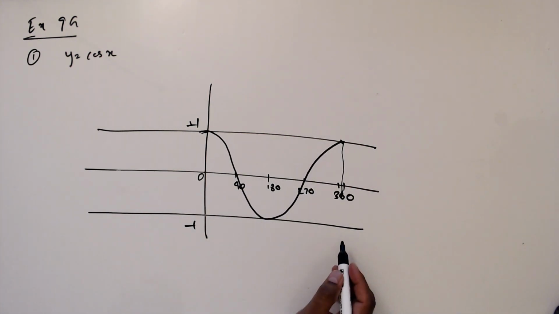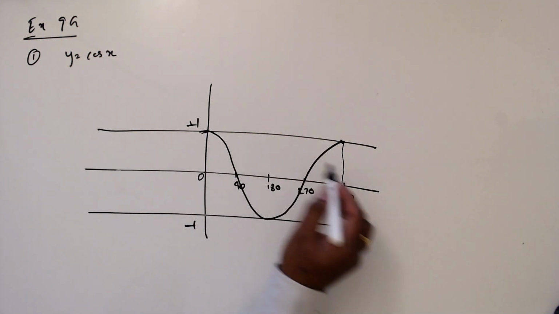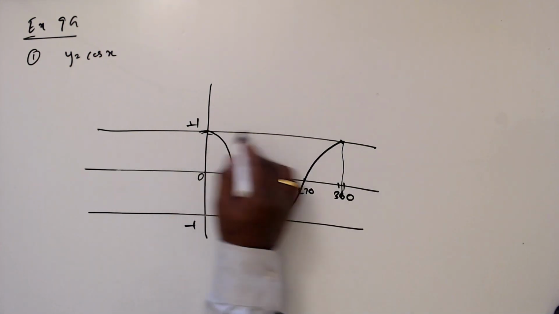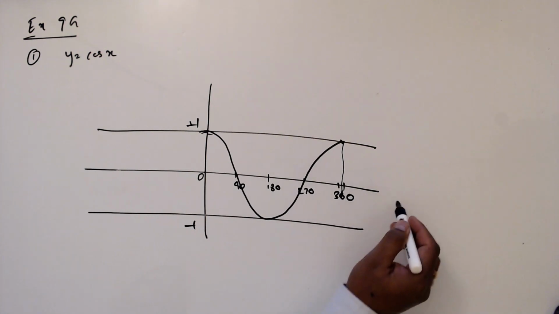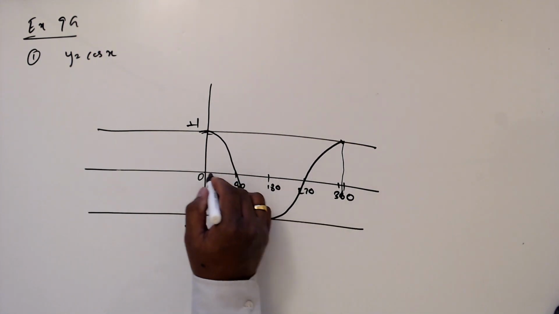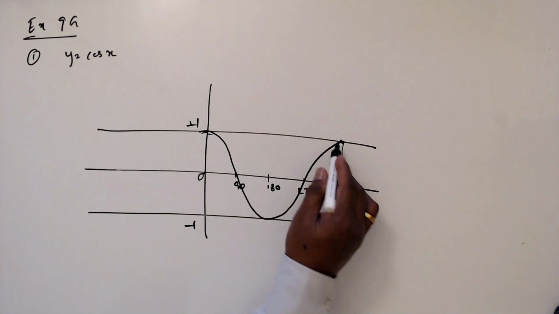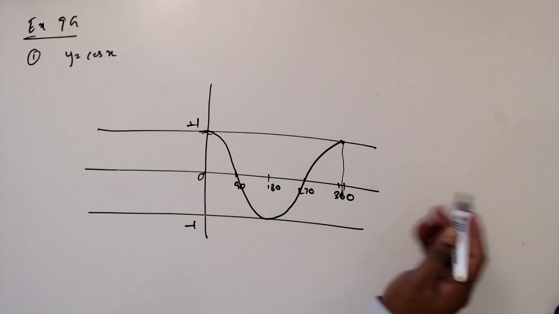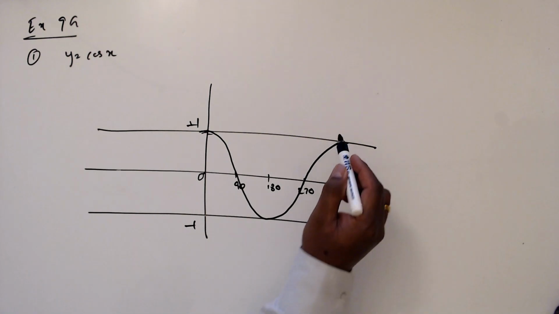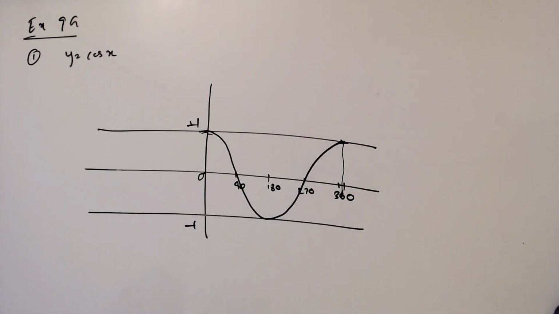So up to here we have an infinite number of maximum values, but it means 0 also gives a maximum, 360 also gives a maximum. Likewise we can find infinite numbers, but the smallest positive one.